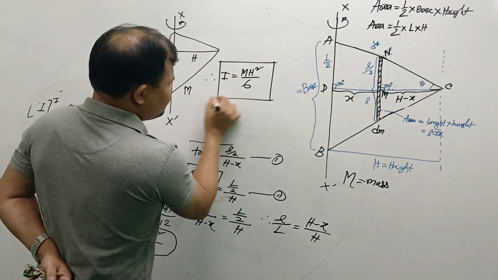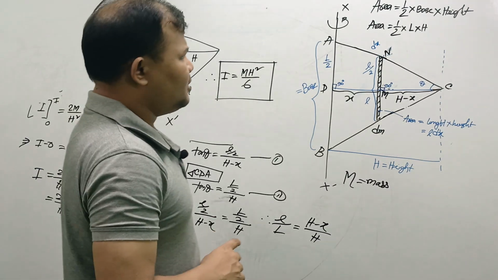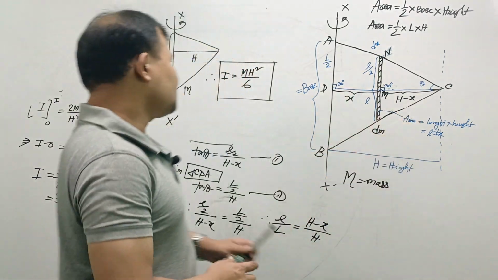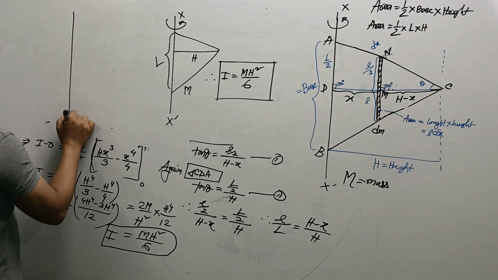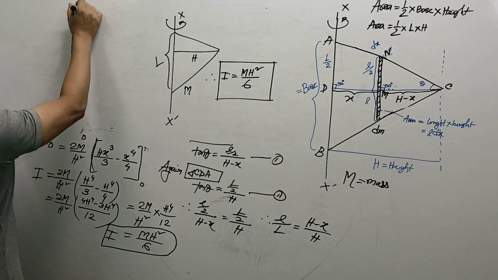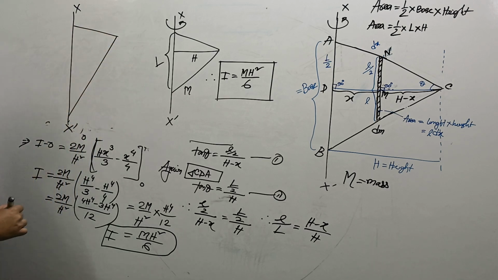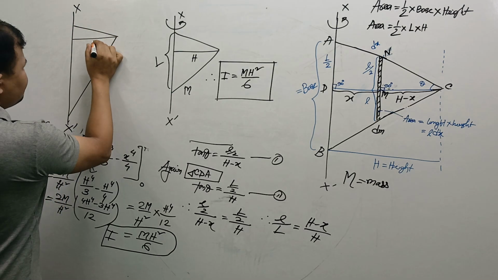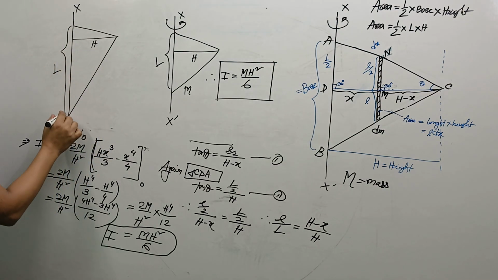This equation is valid not only for the equilateral triangle but also for any kind of triangle. Suppose the triangle shape is like this, this is the rotational axis, this is the height of the triangle and this is the length, or base.